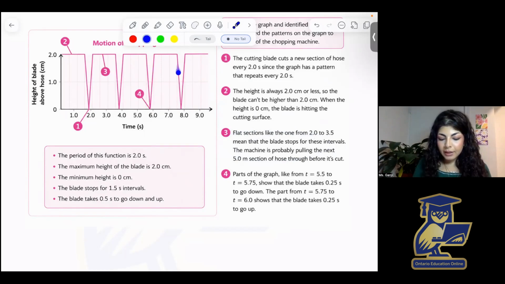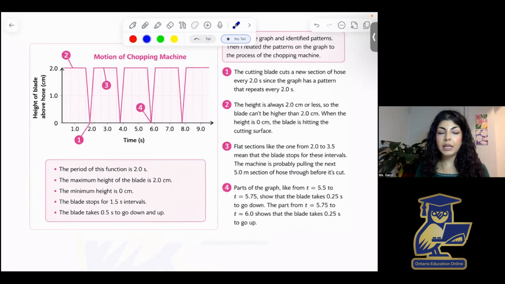And from these diagonal lines, we can also determine the speed of the chopping machine. So we can see approximately in these portions, for example, from 5.5 here to 5.75, it takes 0.25 seconds for the machine to go down. Or again, from 5.75 to time 6, it takes 0.25 seconds for the machine to go up. So each up and down motion is 0.25 seconds.